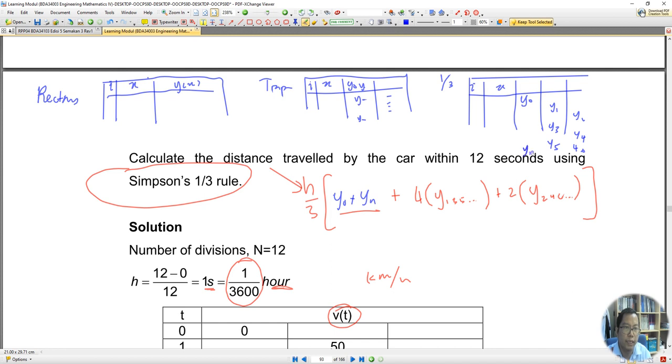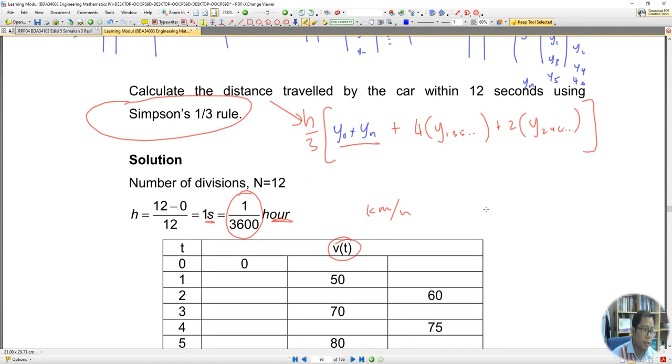Then this one is yn, the last number. So you have to be able to differentiate between those methods based on the table. When you construct the table, you should have some knowledge about the differences between the rectangular, trapezoidal, Simpson 1/3, 3/8 methods, and so on.